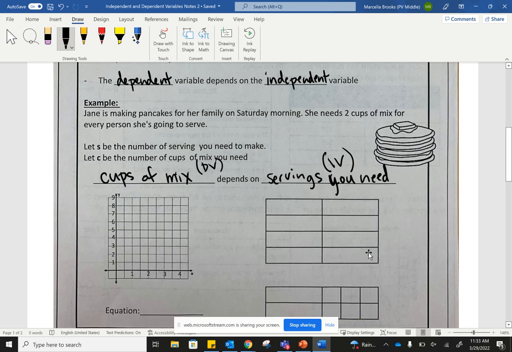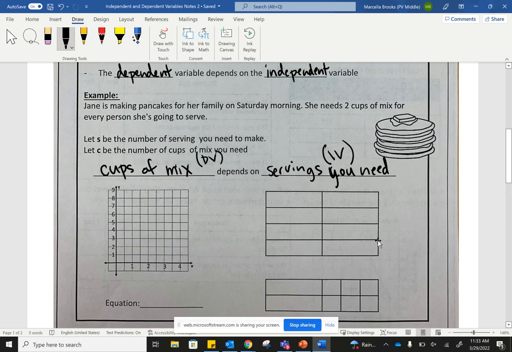So here we go. We need 2 cups of mix for every person. So remember that my IV is always on the x-axis. So number of servings goes here. And then my cups of mix goes on my y. That's hard to do sideways.